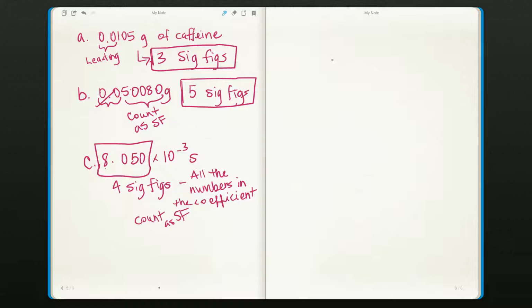Okay, so next section will be about how to use significant figures in mathematical operations. So first rule is multiplication and division.